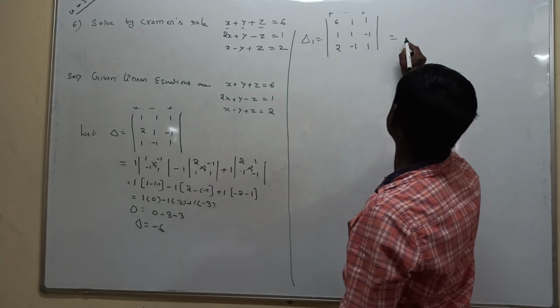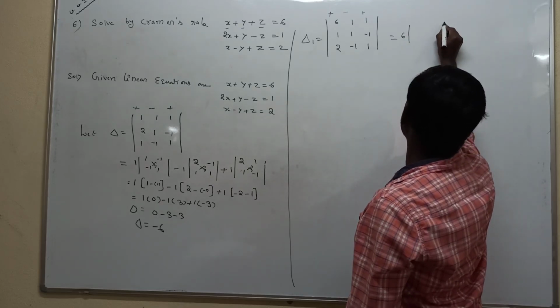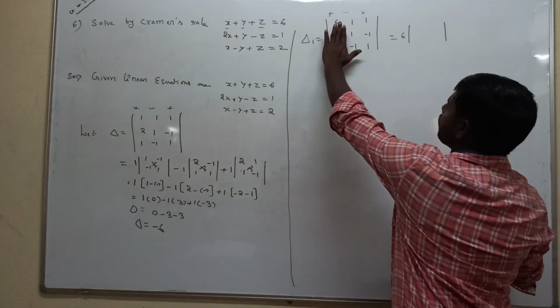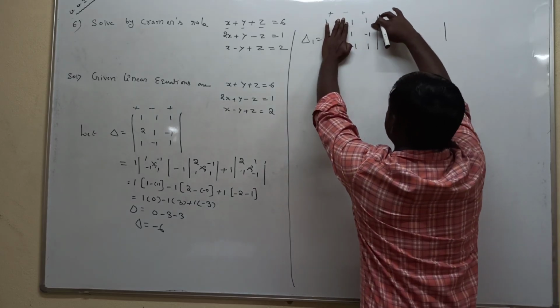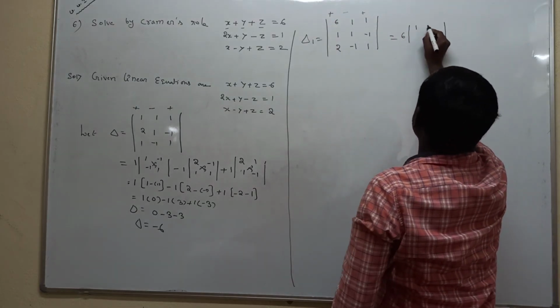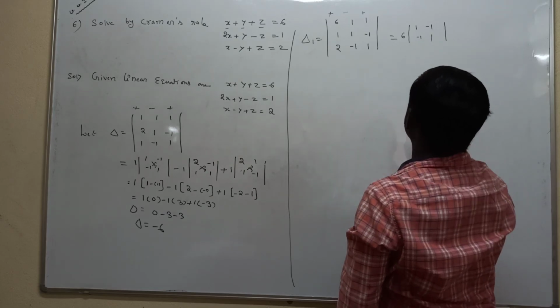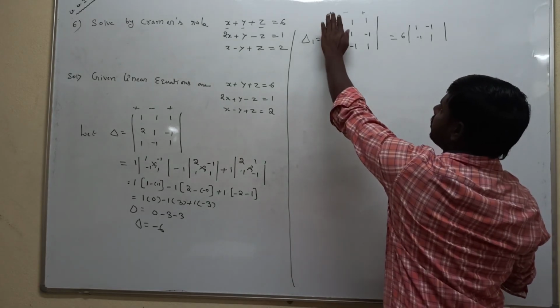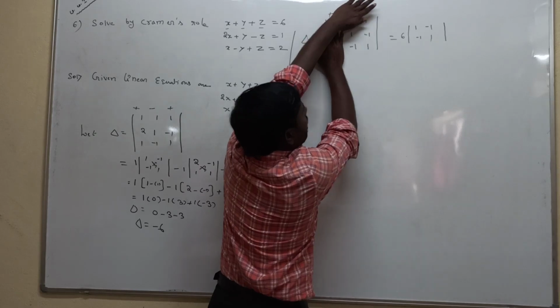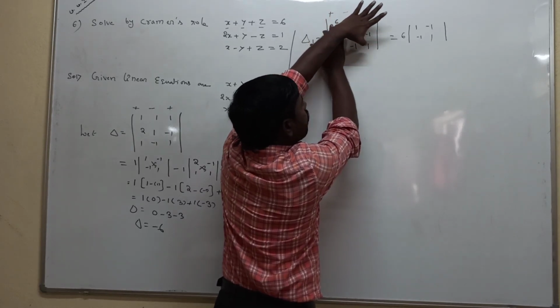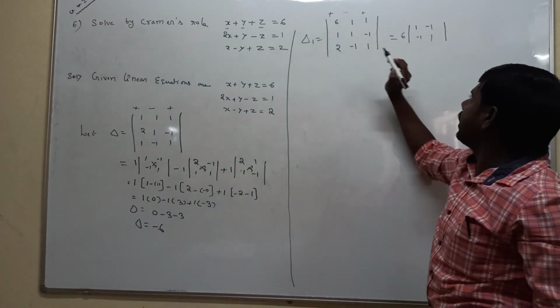First element, what is there? 6. 6 is present in the first row, first column, eliminated. Left of the element is 1 minus 1 1 1. Second symbol is negative.